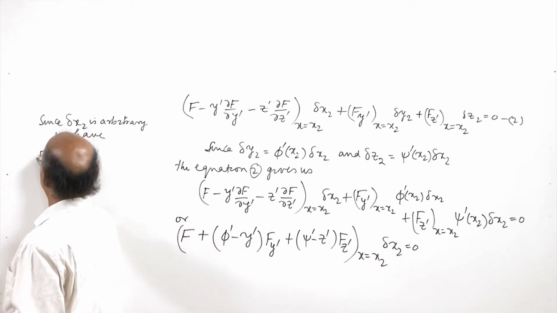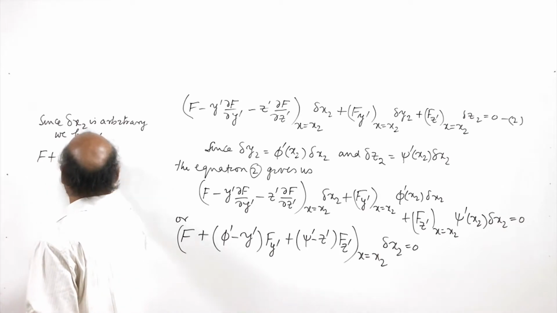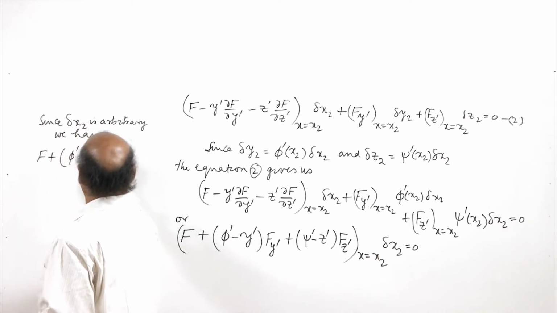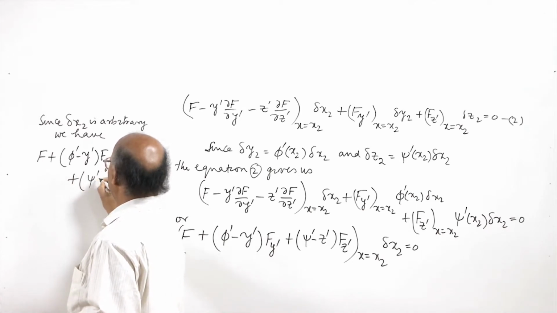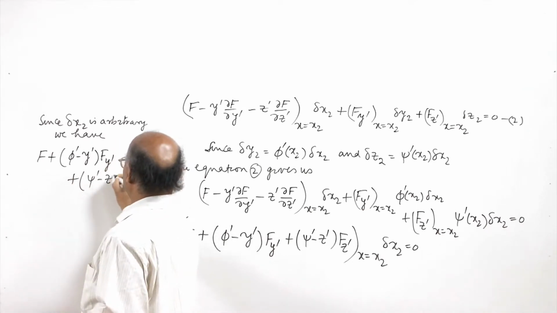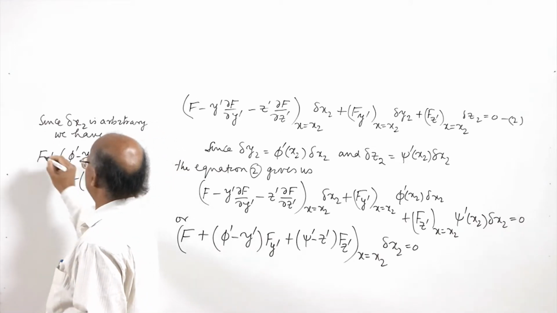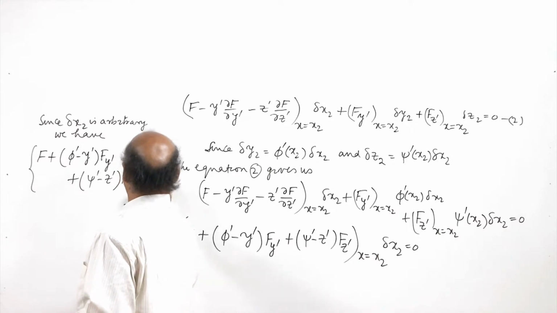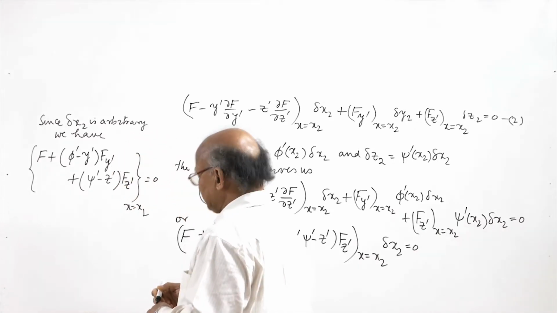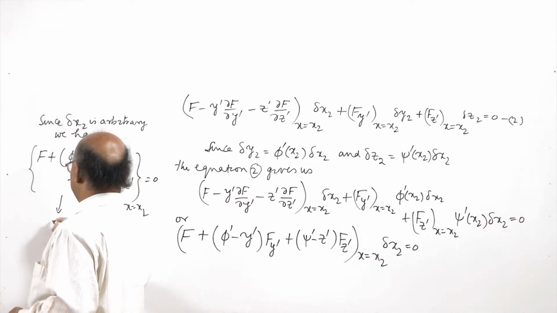F + (φ' − y')F_y' + (ψ' − z')F_z' at x = x2 is equal to 0. This is the transversality condition.